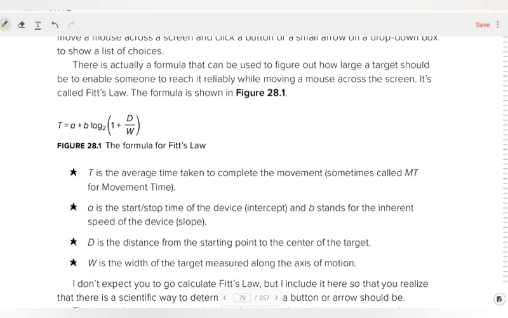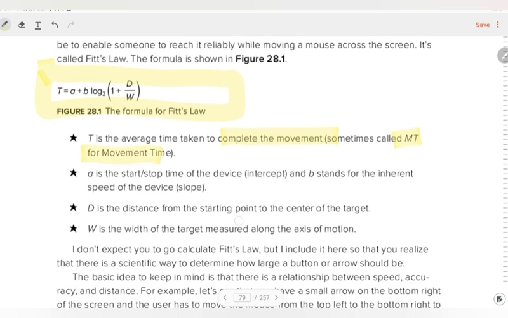The formula is shown in figure 28.1. The formula of Fitts's law: T is the average time taken to complete the movement, sometimes called MT for movement time. A is the start-stop time of the device, the intercept, and B stands for the inherent speed of the device, the slope.